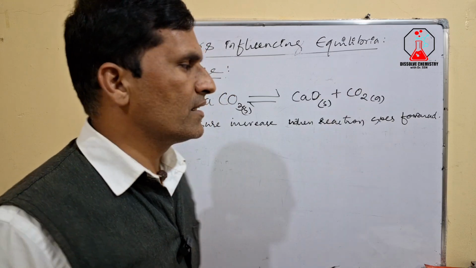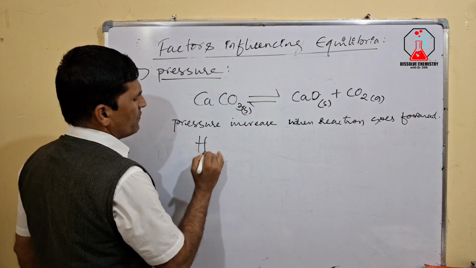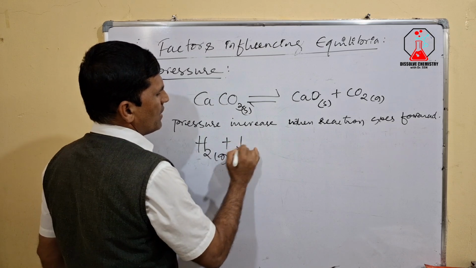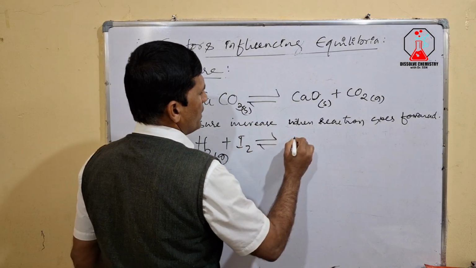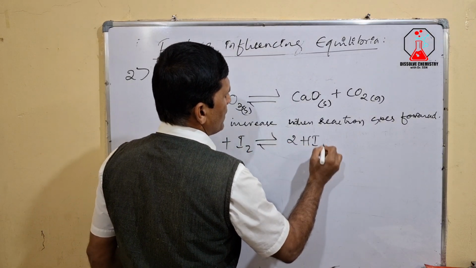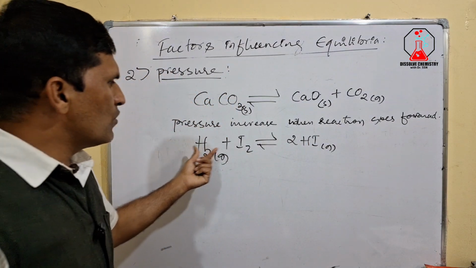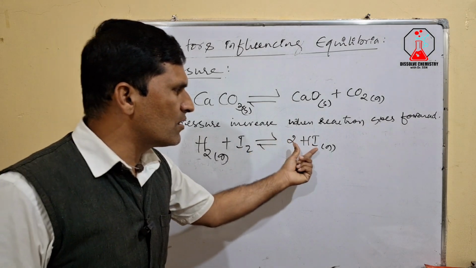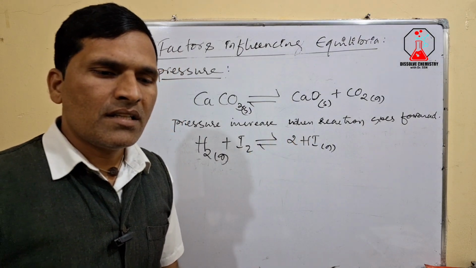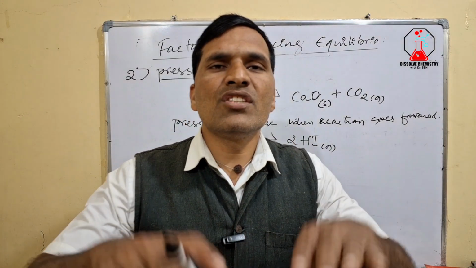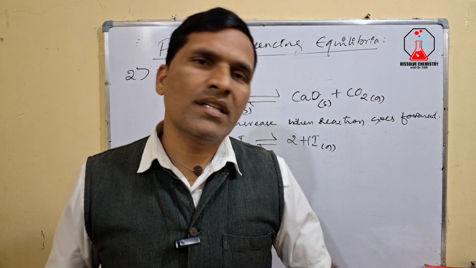This is one point. Second point is, suppose you have H2 gas plus I2 gas to give 2 moles of HI gas. Now, as 2 moles of reactants combine to give 2 moles of product, there is no net change in the pressure during the reaction.